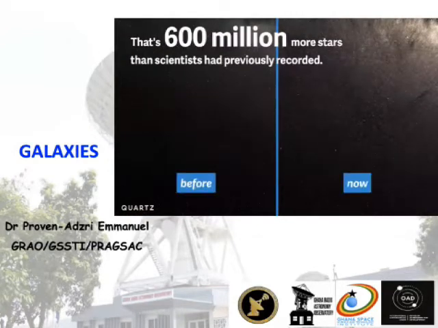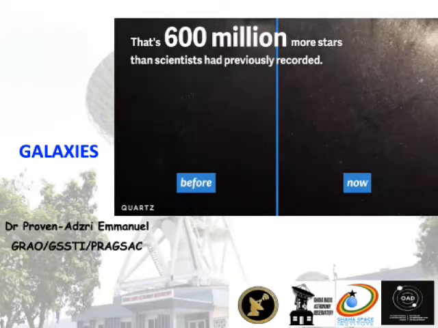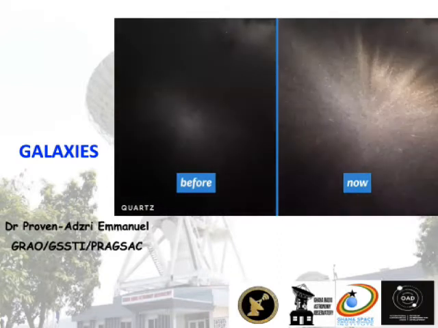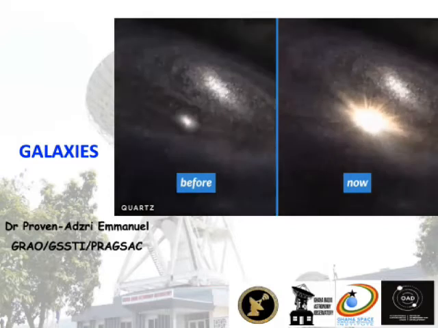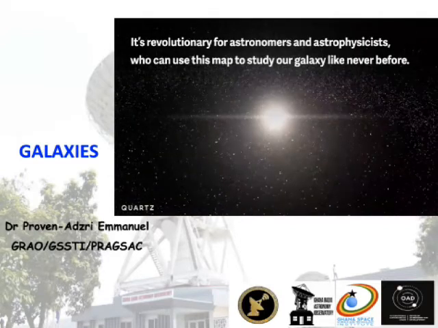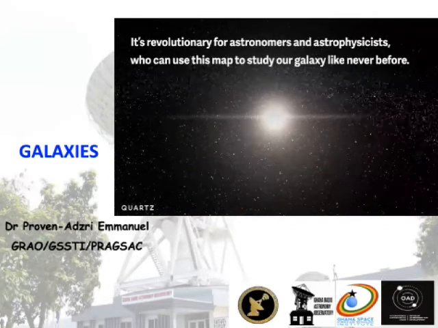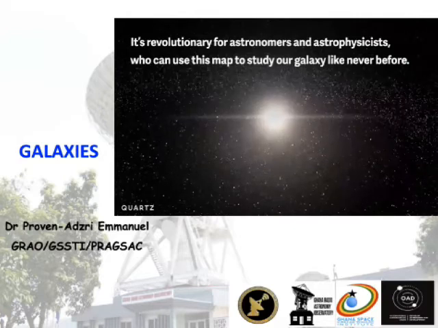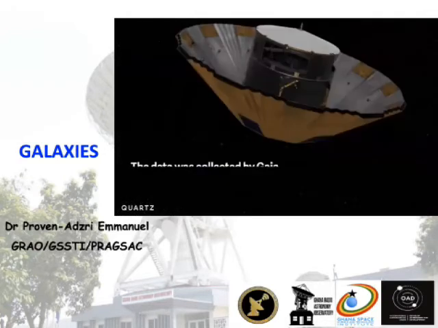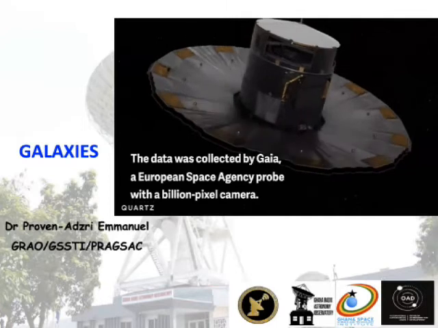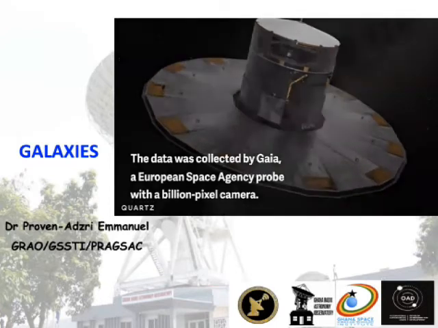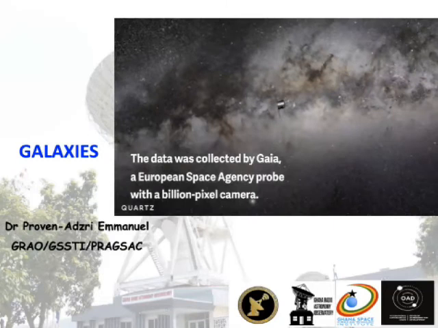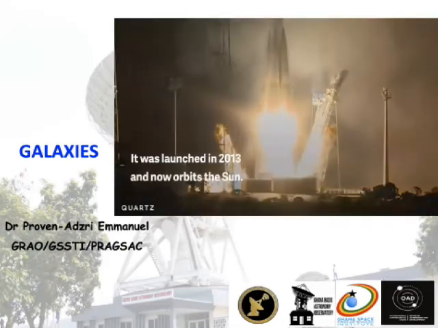Previously, scientists were thinking there were 600 million, and now this detailed picture shows that there are a lot more. This is revolutionary because astronomers and astrophysicists can now use this map to study the galaxy like never before. This data was taken by the telescope called Gaia, a European Space Agency probe which was launched in 2013 and now orbits the Sun, giving us all these detailed pictures of our universe.